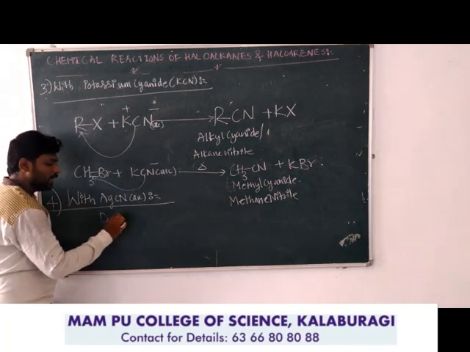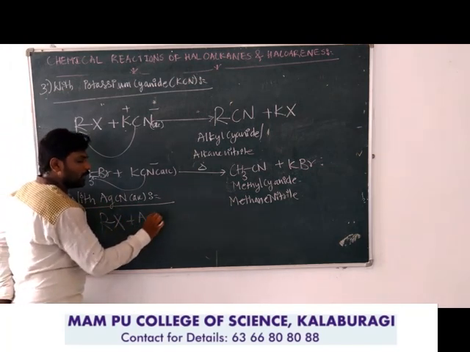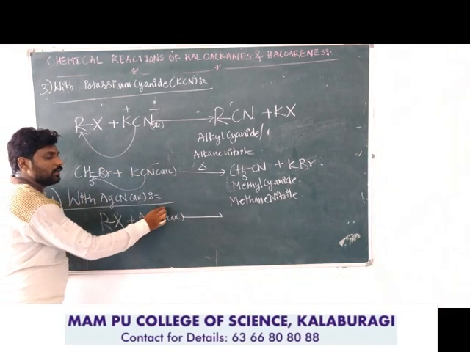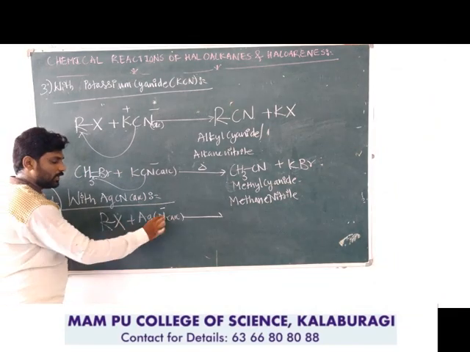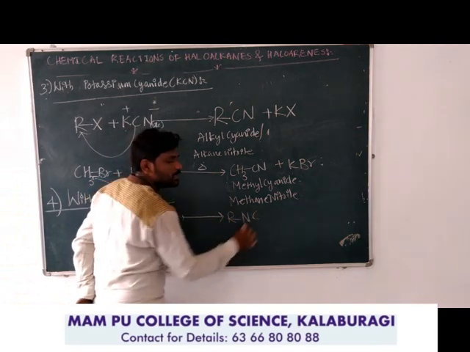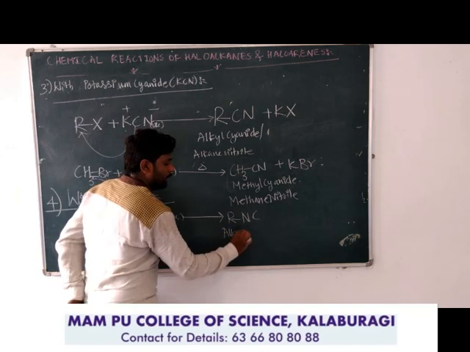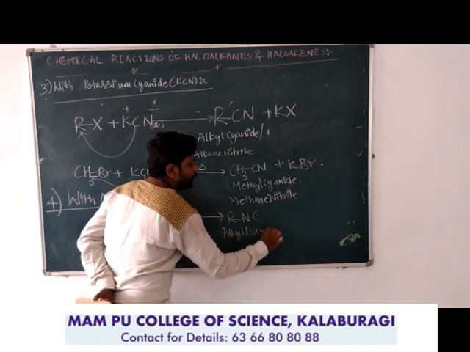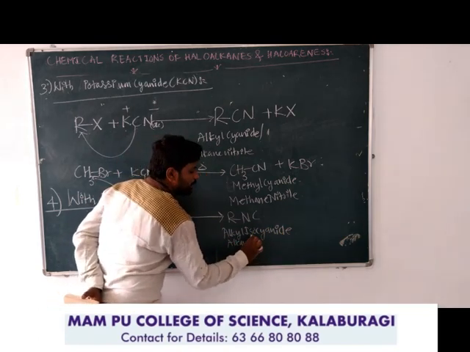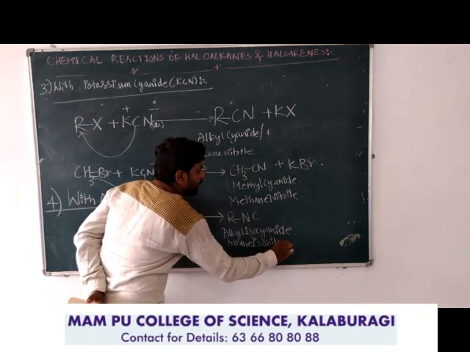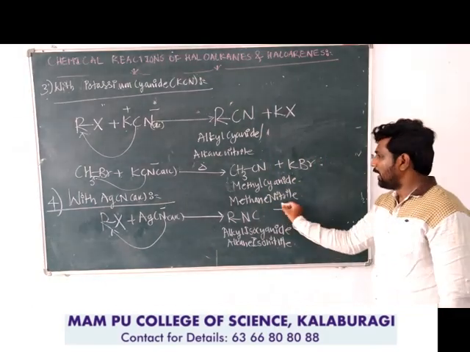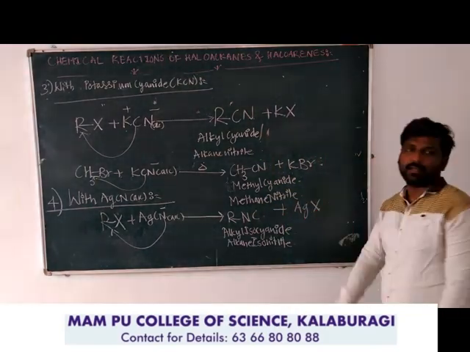Suppose if I have taken an alkyl halide with the alcoholic silver cyanide, here the cyanide nitrogen atom behaves as the nucleophilic center and attacks the alkyl part, and we are getting here RNC, that is alkyl isocyanide or alkane isonitrile. Alkyl isocyanide is the common name, alkane isonitrile is the IUPAC name, and silver halide is the byproduct.